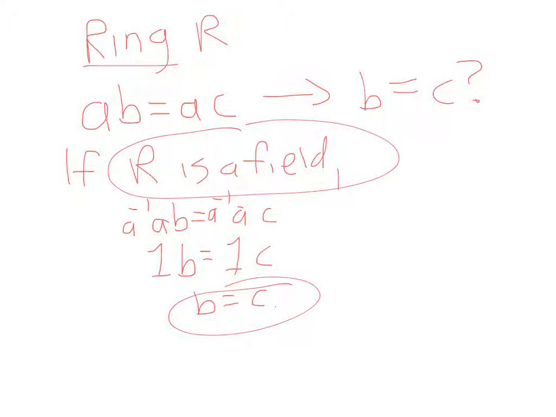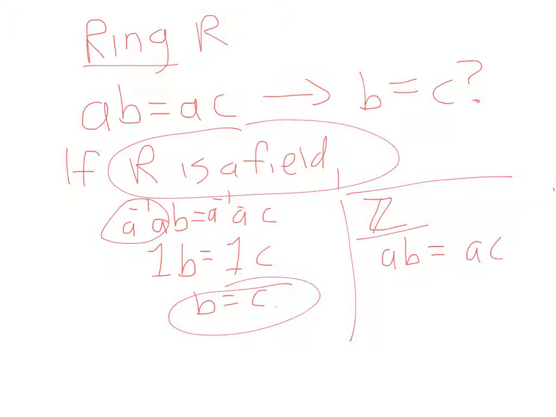When else do we get it? Well, let's look at a couple other examples. For one, if we have the integers, if we have AB equal to AC, in this case we don't have multiplicative inverses. The only units are plus and minus 1. Those are the only things that have multiplicative inverses. If you want a multiplicative inverse for 2, you'd have to use 1/2, but 1/2 is not an integer.